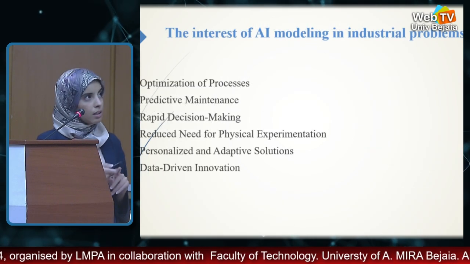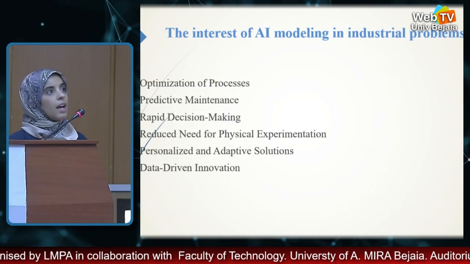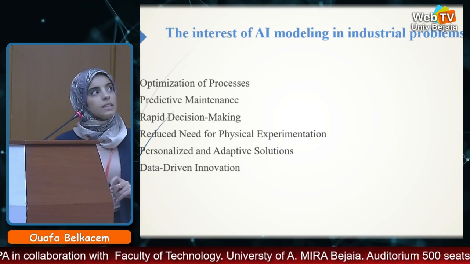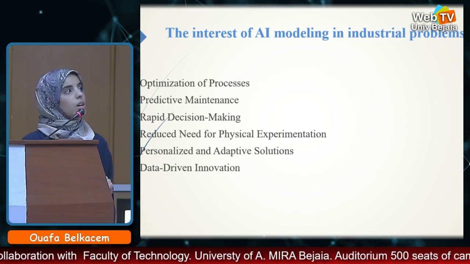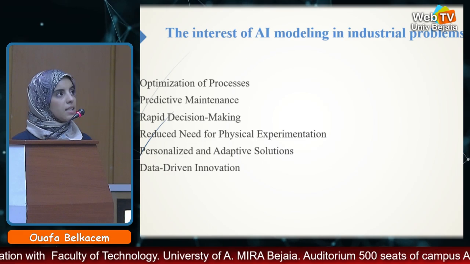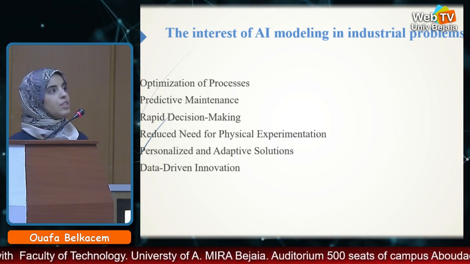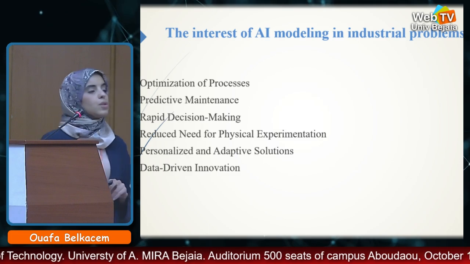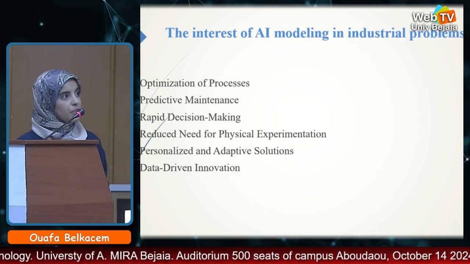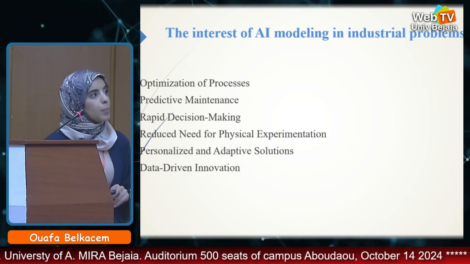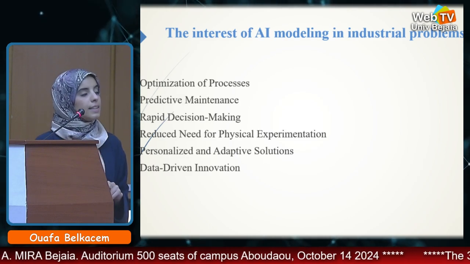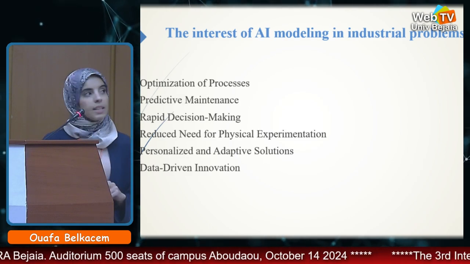The interest of AI modeling in industrial problems: AI modeling serves many problems such as process control, predictive maintenance, classification, rapid decision making, reduced need for physical experimentation, personalized additive solutions, data innovation, and so on.